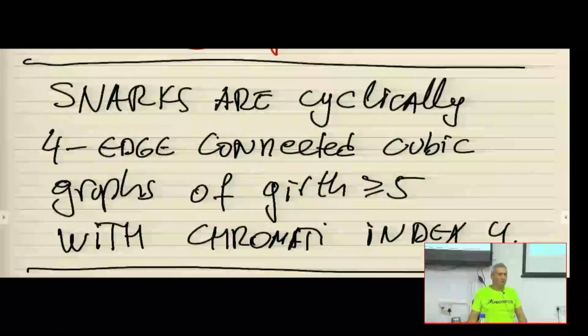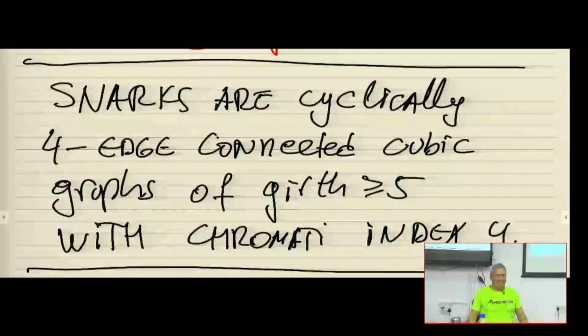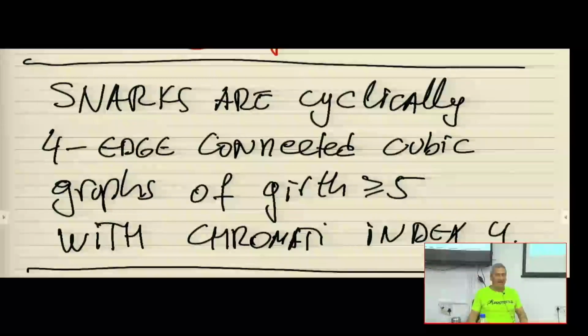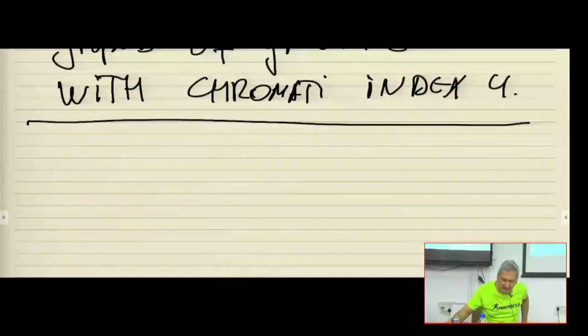Someone even wants more. Someone even speaks about cyclically 5-edge connected. I will explain what cyclically k-edge connected means. We haven't defined it, so I define it.